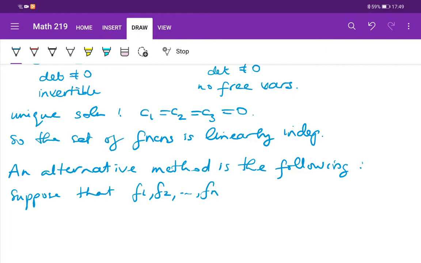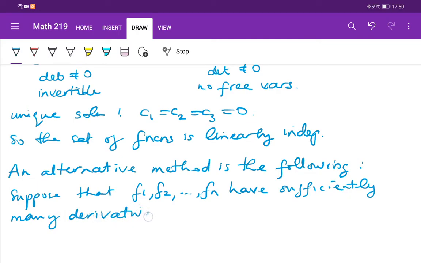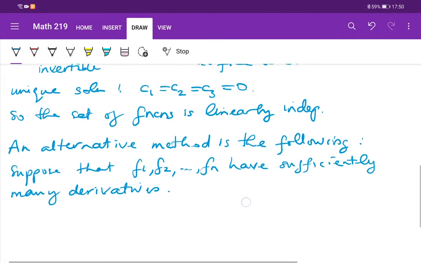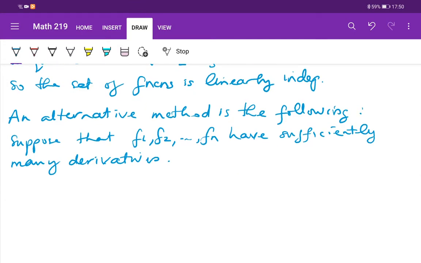Suppose that these have sufficiently many derivatives.